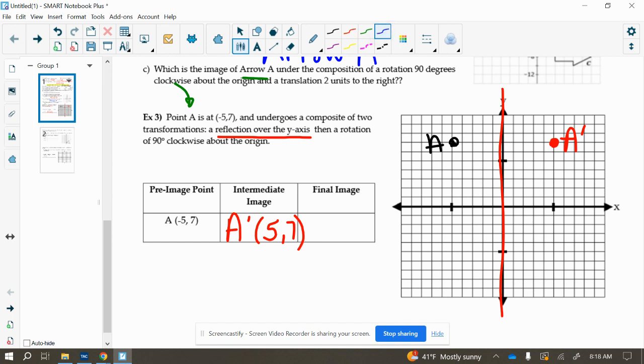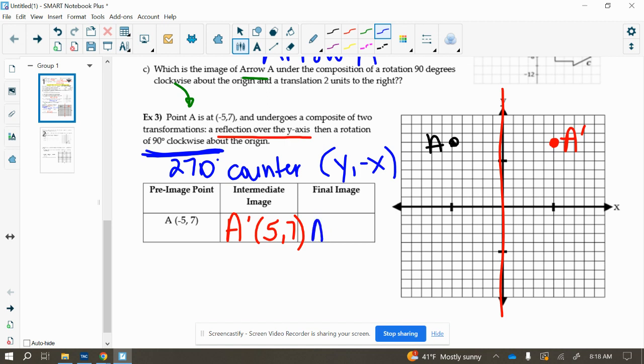Now the next piece is they want us to do a 90 degrees clockwise rotation. So reminder, when we do 90 degrees clockwise, that's the same thing as 270 degrees counterclockwise. Our rule would be switching the x and the y values, but the value of the x becomes negated.